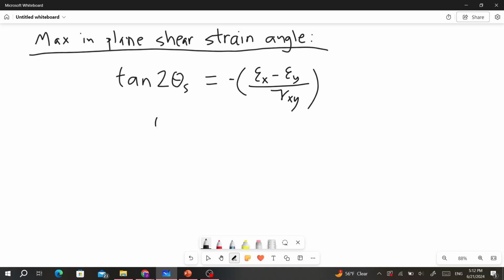Okay, so if we do the algebra to solve for theta s, we'll have that theta s is equal to 1/2 times arctan of minus epsilon x minus epsilon y over gamma xy.